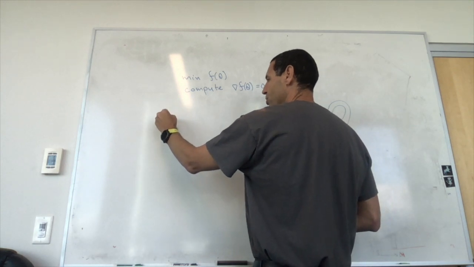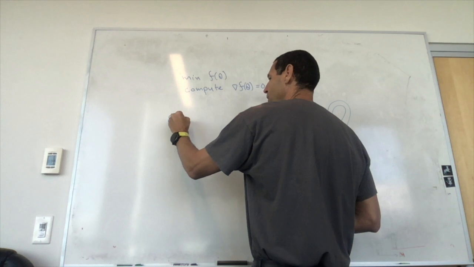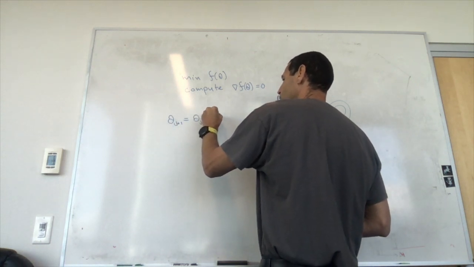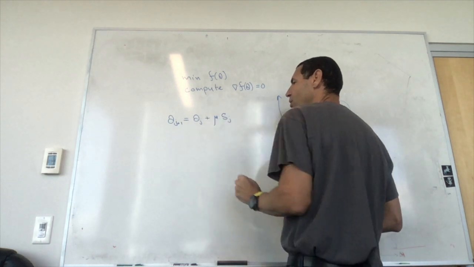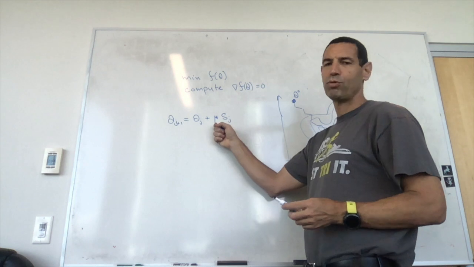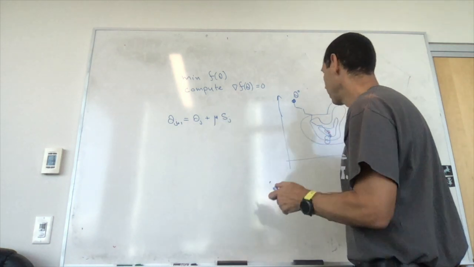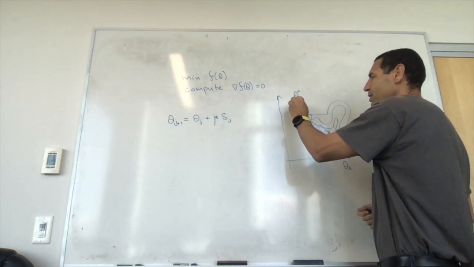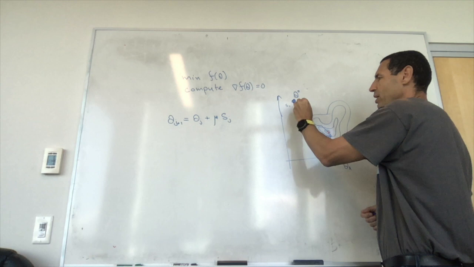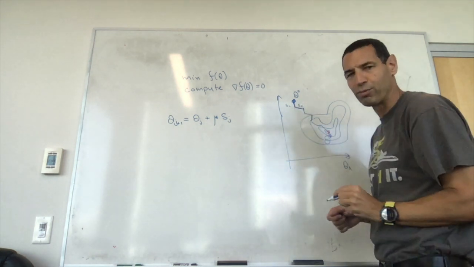So we are going to think about what we call an iterative process, an iteration, where we're going to have something which looks like this. Theta j plus 1 will be equal to theta j plus some mu times s j, where s j is going to be a direction, and mu is going to be how far we're actually going in that direction. So you can think about it graphically. This is the first s, this is s1, and mu is the length of this, and this is going to be s2, and mu is the length of it, and so on until I converge to where I want to be.